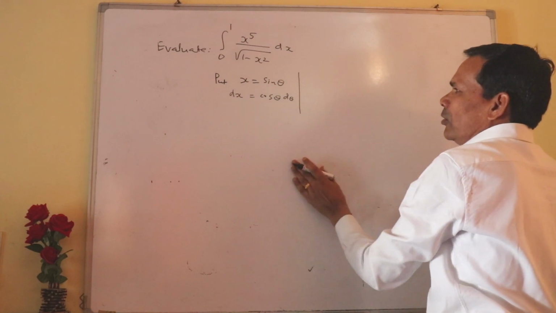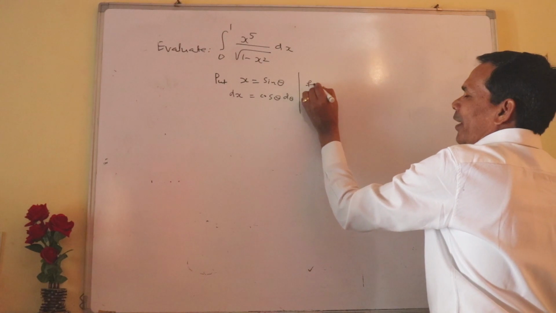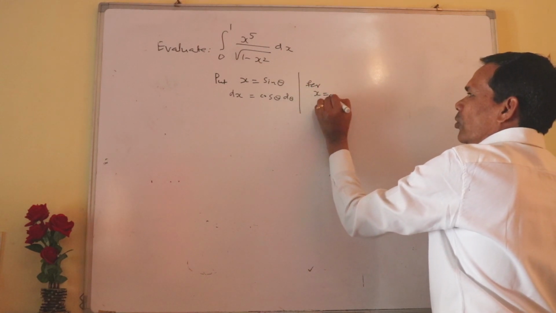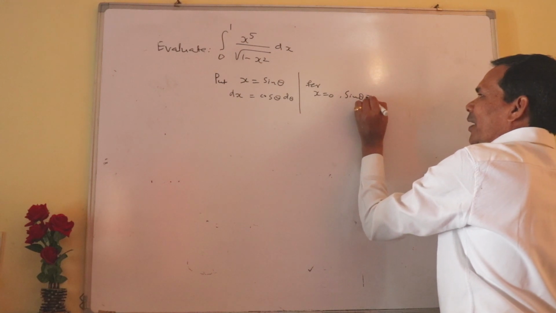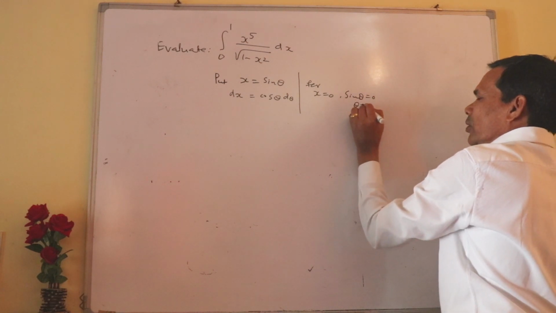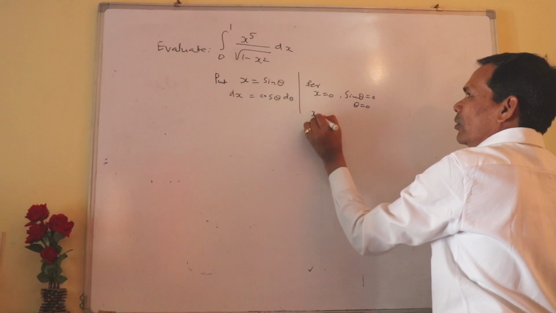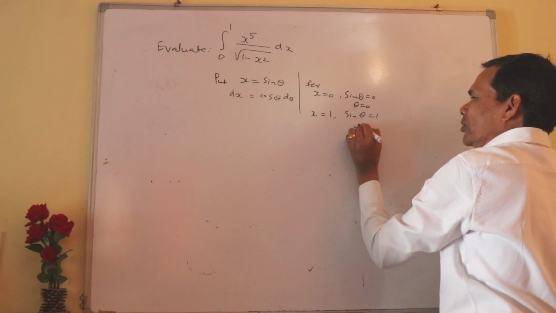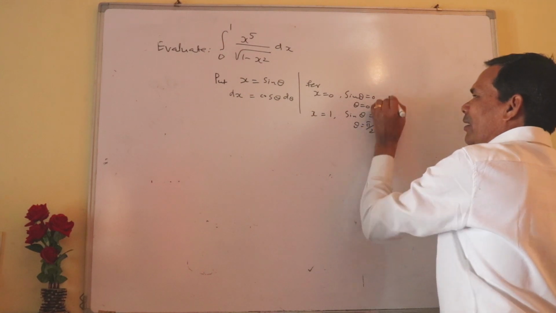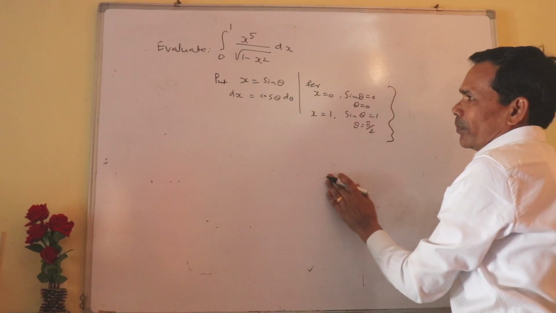And the limits we find out. For x equal to 0, sine theta is 0, so theta is equal to 0. Then for x equal to 1, sine theta is 1, so theta is equal to pi by 2. So automatically you get the limits 0 to pi by 2.